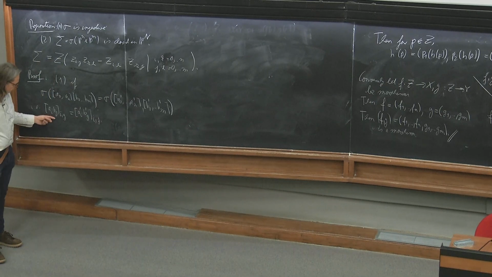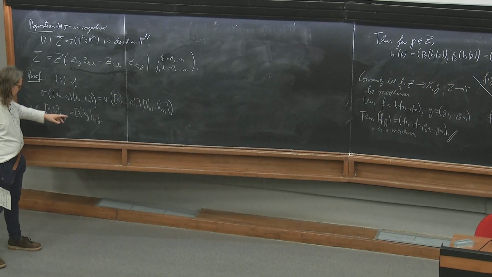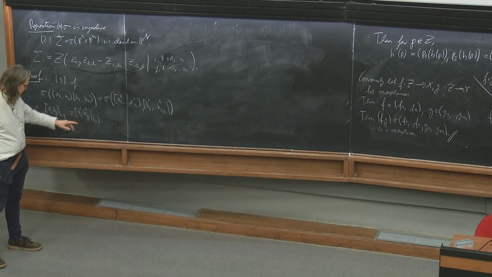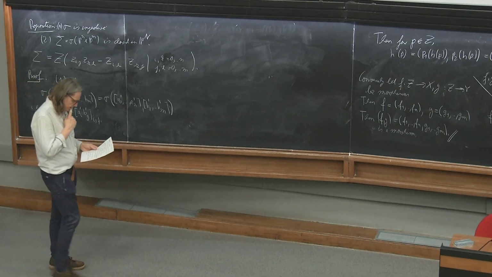So these are points in projective space, so there must be some lambda so that all the A_i' B_j' are obtained from the A_i B_j by multiplying by the same lambda.